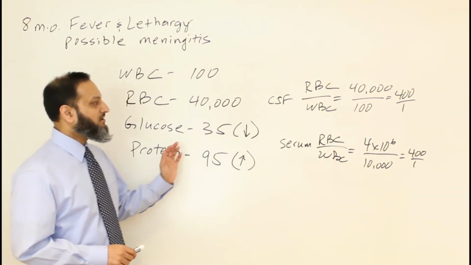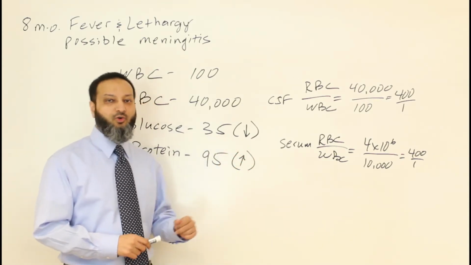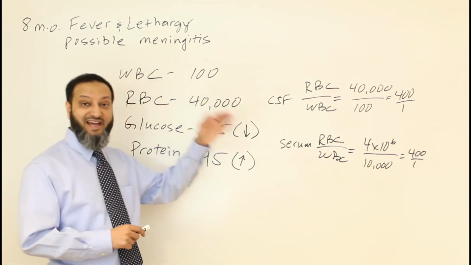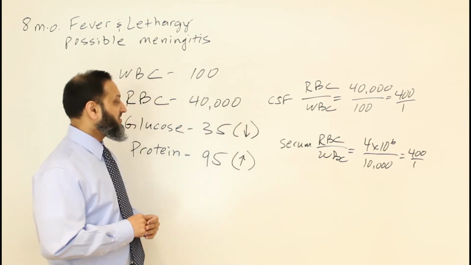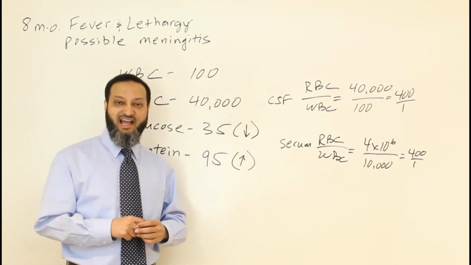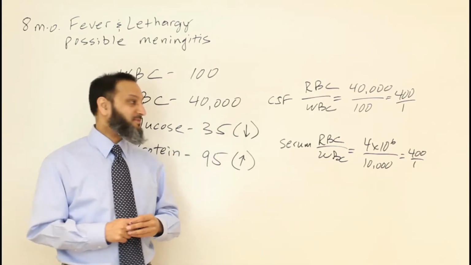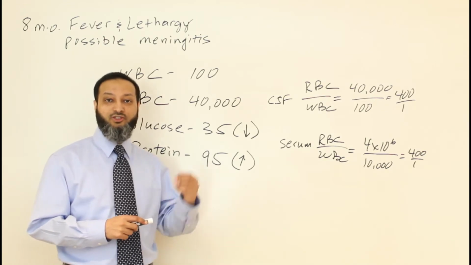So now the question is, how do you know that these 40,000 red cells in the spinal fluid are from a traumatic tap and this kid actually does not have an intracranial hemorrhage causing these 40,000 red cells to be in the spinal fluid, right? How do you know it was traumatic?